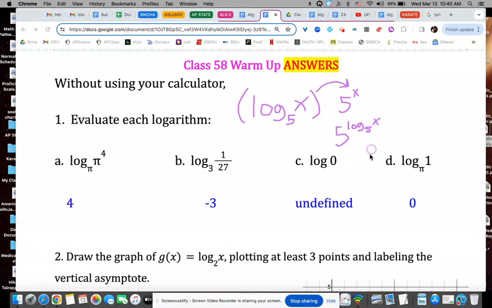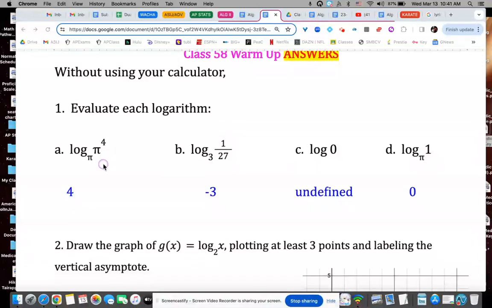So if I put that up there, since I know that 5 to the x and log base 5 of x are inverse functions, I know that when I put this in here, this is just going to equal x. Intuitively it's hard to understand a little bit, but it works because we know they're inverses. So whenever you see those composites like that, you can always just simplify it down to x, whatever is inside. So keep that in mind as we go through.